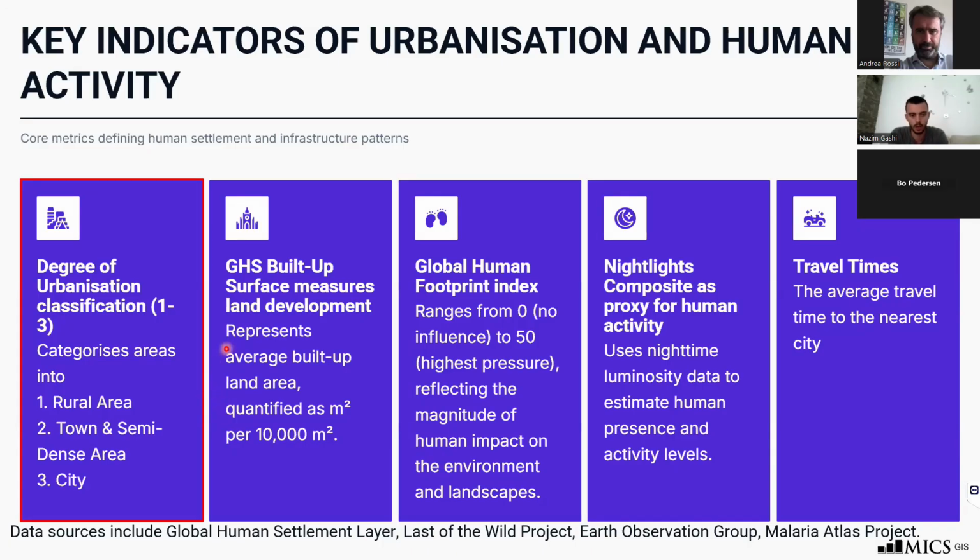And then we have the built-up surface measurements. So we are just calculating the average built-up area in square meters per 10,000 square meters.